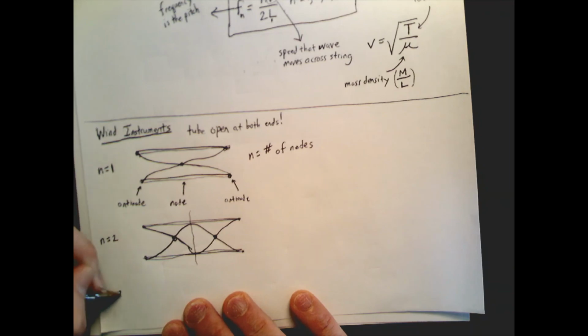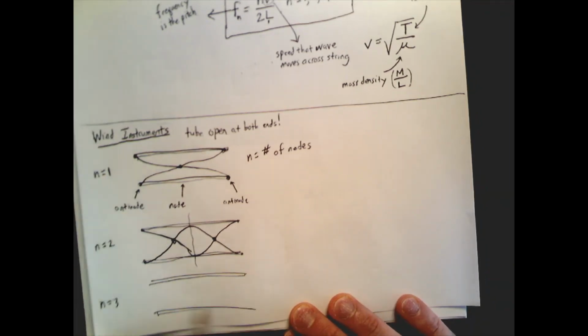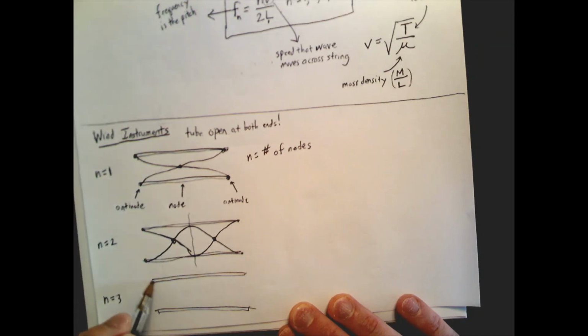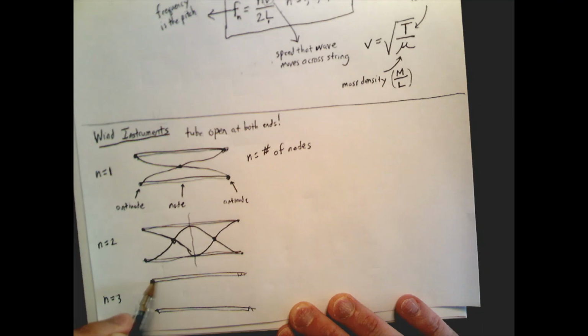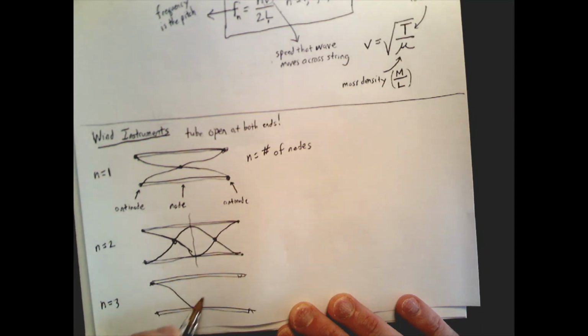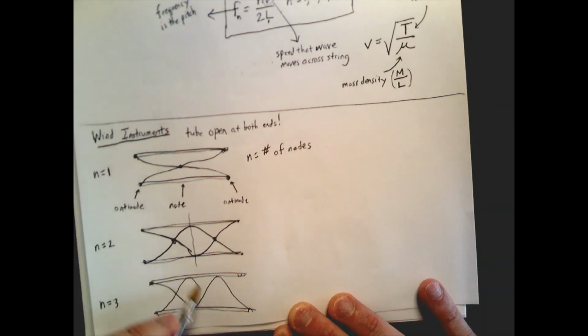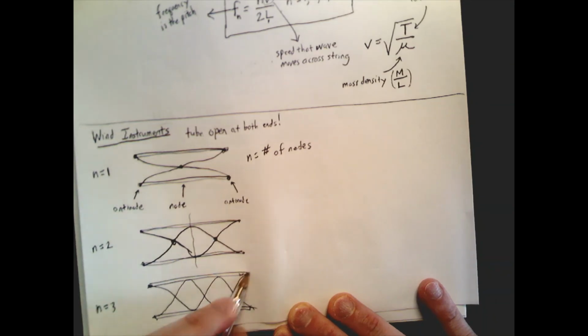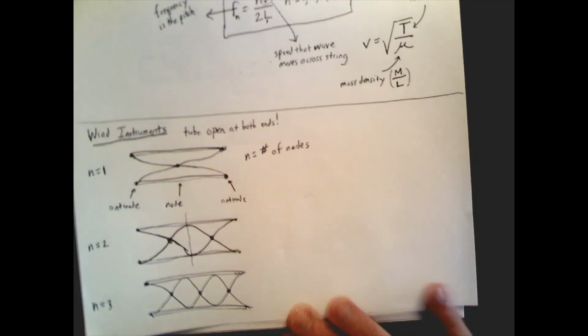And n equals 3. We up the ante here. And now we have to have 3 nodes. 1, 2, 3.